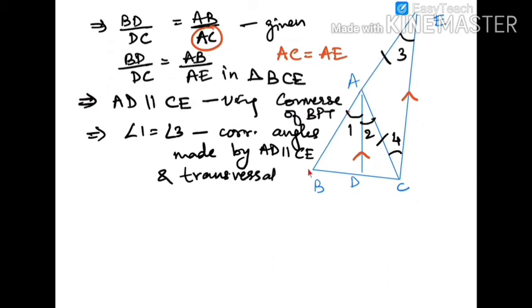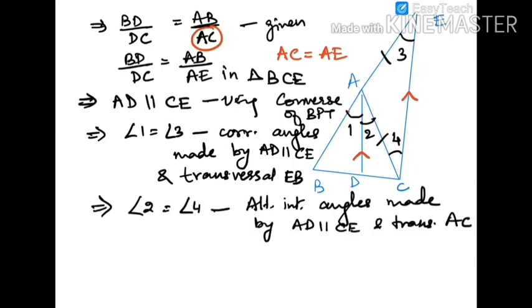Transversal will be EB. Similarly, angle 2 and angle 4 form alternate interior angles made by lines AD and CE cut by transversal AC. So we can say angle 2 is equal to angle 4.